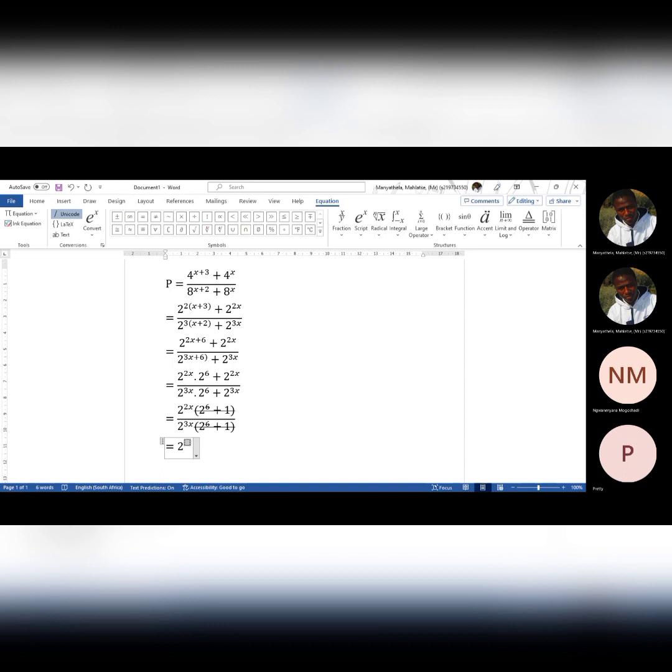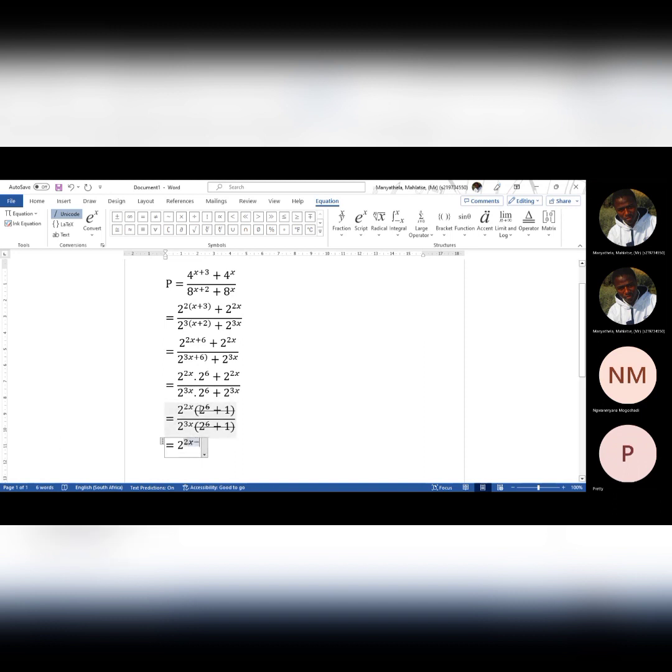Okay. I got 2 to the exponent 2x over 2 to the exponent 3x in brackets. They cancel again, so 2 to the exponent 2x again.